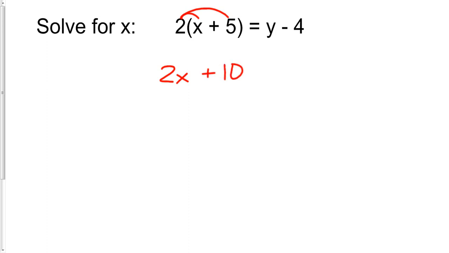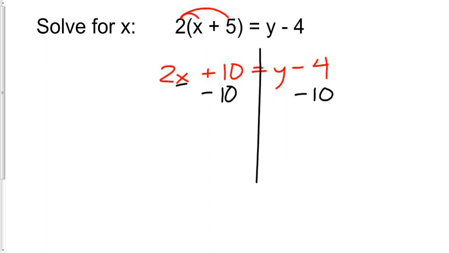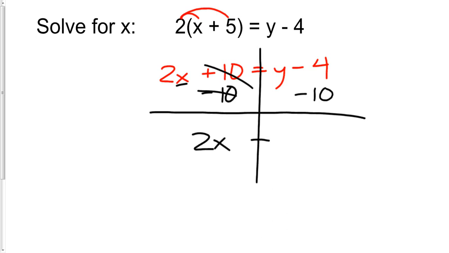So do a little simplification before you start. Now we can look at getting x by itself. So subtracting 10 gives y, and then negative 4 minus 10, or negative 4 plus negative 10, is negative 14, or minus 14, and then we're going to divide this by 2.